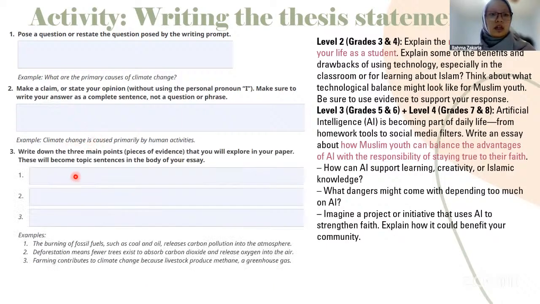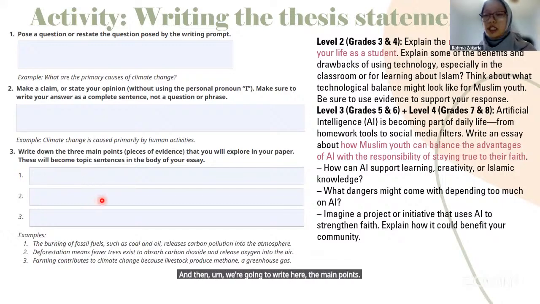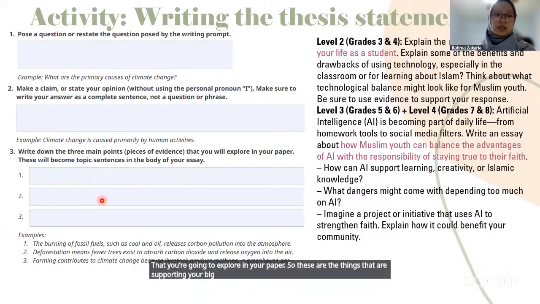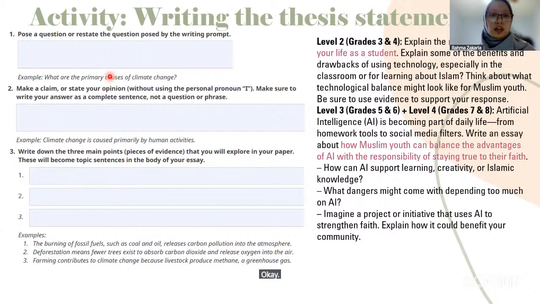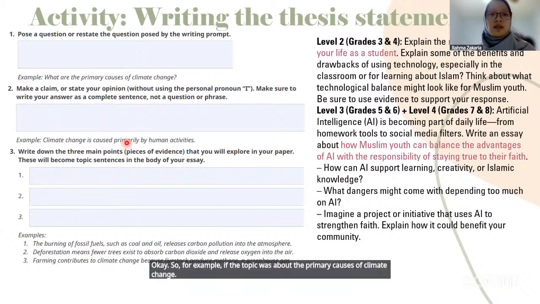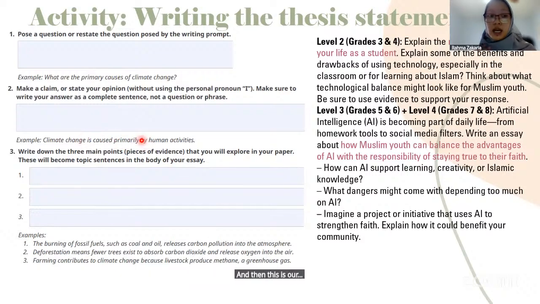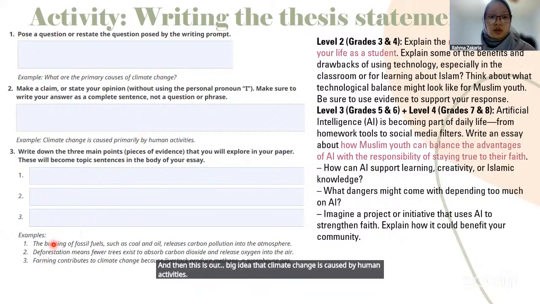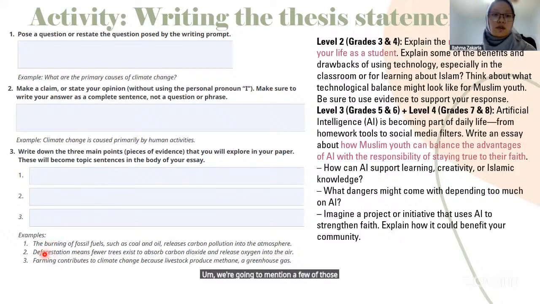And then we're going to write here the main points that you're going to explore in your paper. So these are the things that are supporting your big claim, okay? So for example, if the topic was about the primary causes of climate change, and this is our big idea that climate change is caused by human activities, we're going to mention a few of those examples of human activities that cause climate change that we're going to talk about, okay?